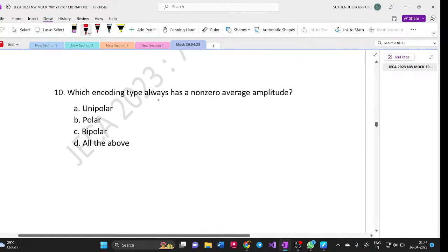Which encoding type always has a non-zero average amplitude?